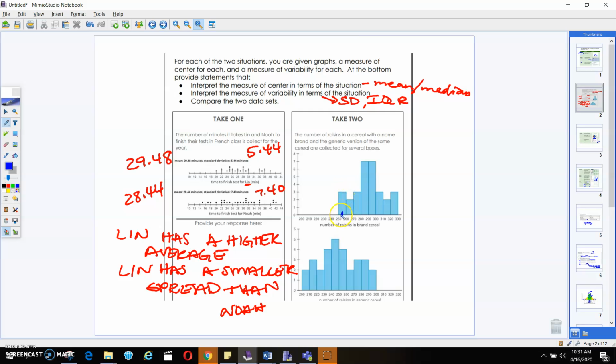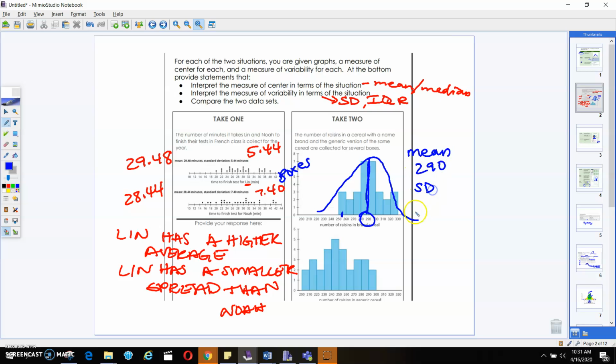So this is saying that 255 raisins are going to be in 3 boxes. The number of boxes is on the left-hand side, going up on the y-axis. Again, you can put this into your calculator, or you can know the fact that this is a normal distribution. So that means that your mean is going to be right smack dab in the middle, which is 290. So this has a mean of 290.